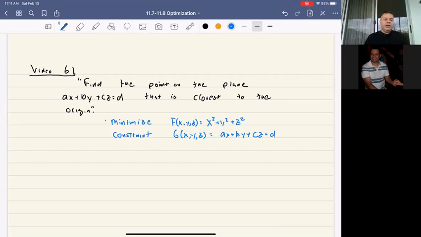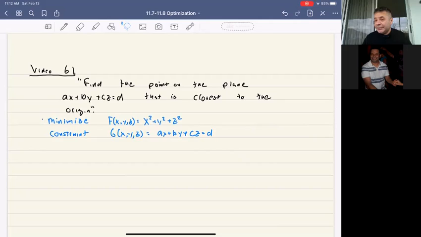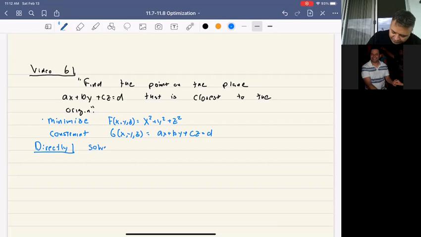Okay, all right, so let's do it directly. Directly, what we're going to do is we're going to basically substitute for z. If we do this directly, we solve for z, or x or y, doesn't matter. So z equals d minus ax minus by divided by c.